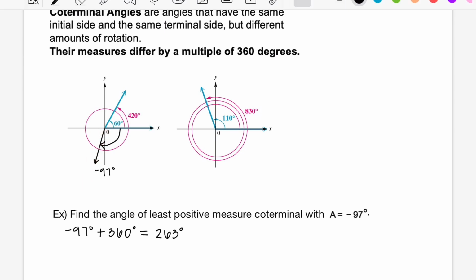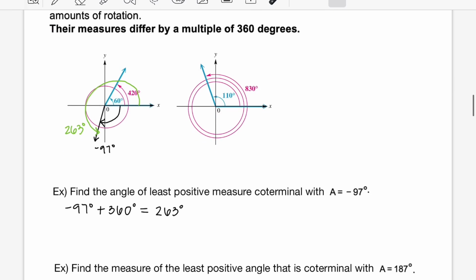So it's going to be given by this one here in green. This is 263 degrees. Now notice we didn't do a full rotation around our vertex, but these are still coterminal to each other because they do differ by a multiple of 360 degrees. Okay. Now let's look at the next example here.